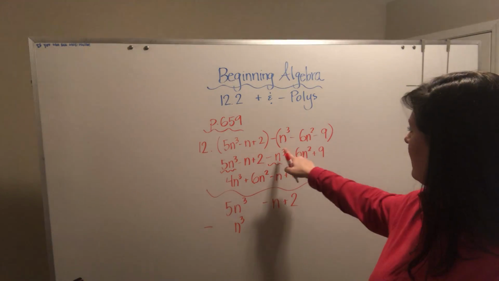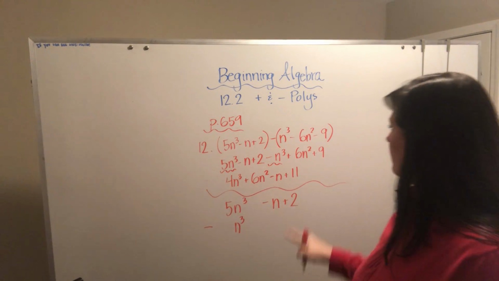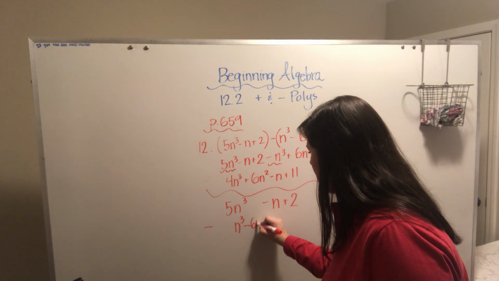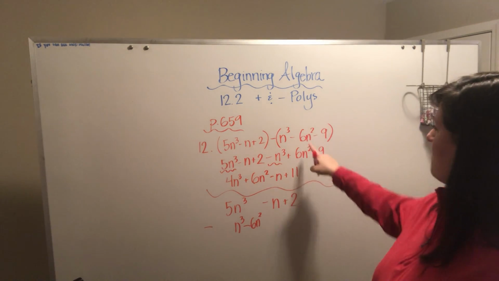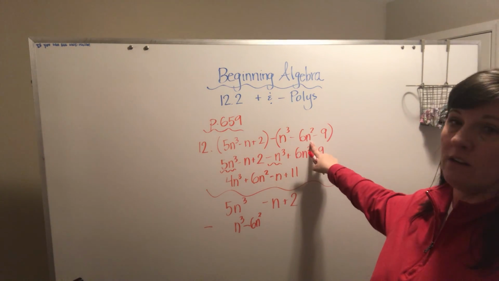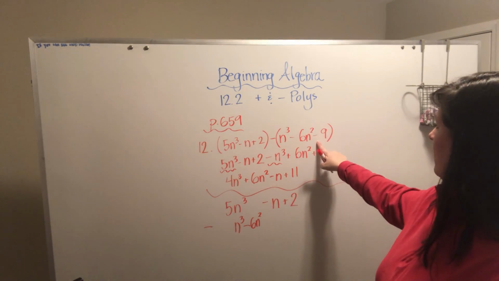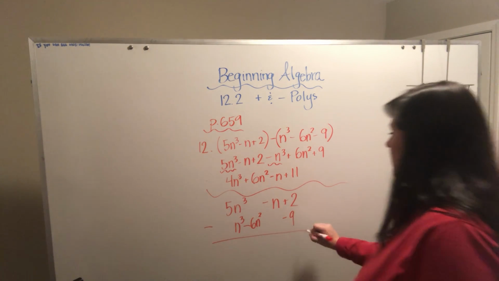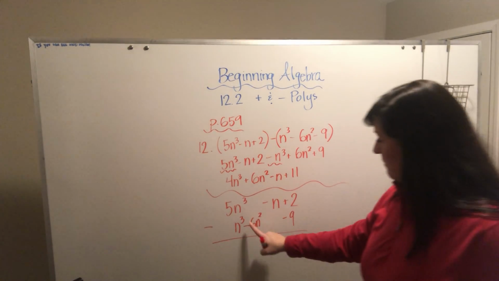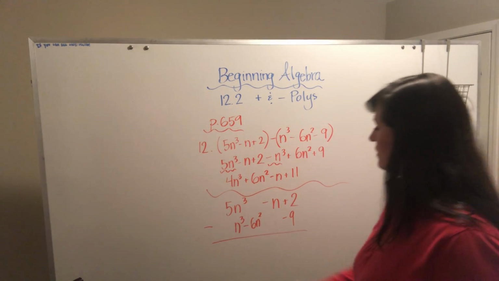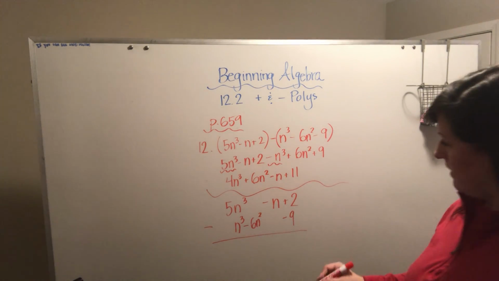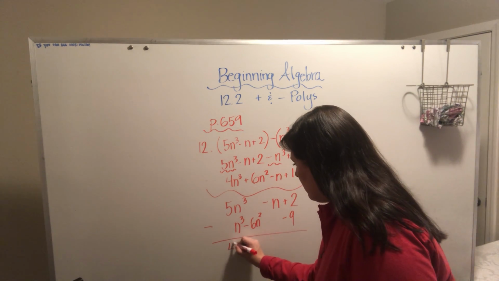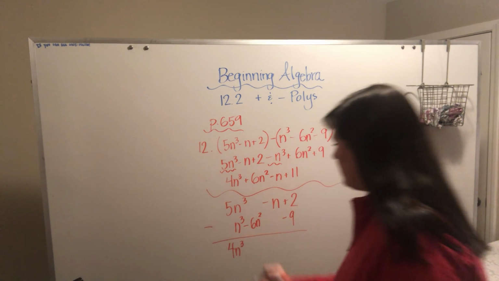Now, I'm going to subtract n cubed minus 6n squared. So this is where I do put it because I have it here. But I don't have any n's in here. So I leave nothing. And then I have minus 9. So in this way, sometimes the vertical method, you've got to pay attention to what terms are you missing. 5n cubed minus 1n cubed, 4n cubed.